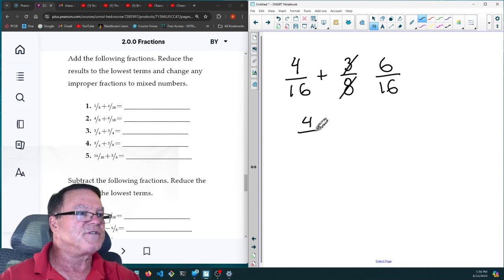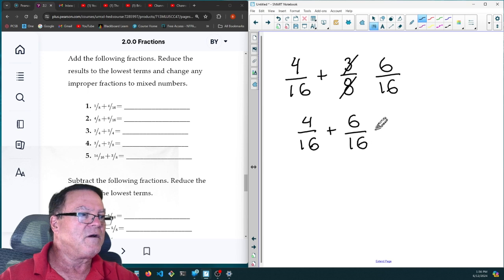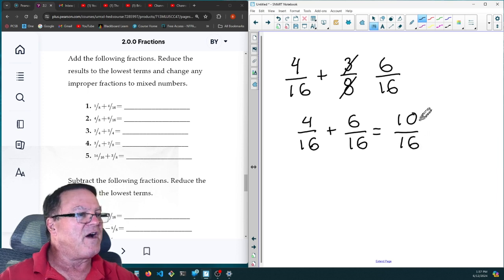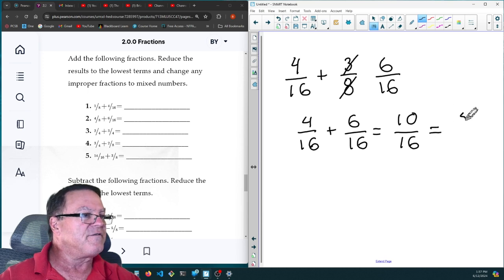So 4 over 16 plus 6 over 16 equals 10 over 16. And I can divide 10 by 2, which equals 5. And I can divide 16 by 2, which equals 8.